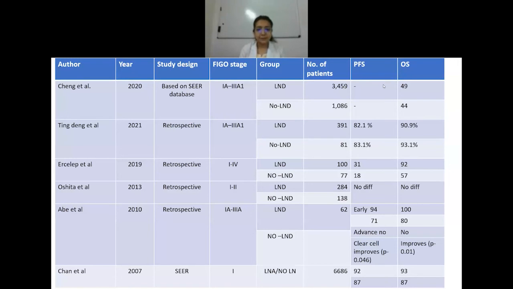Ebe et al. in 2010 did a retrospective study where they included early, advanced, and clear cell cancers. In early, they found improvement in progression-free survival and overall survival. In advanced, there was no difference. Whereas in clear cell carcinomas, they clearly say there was improvement in progression-free survival and overall survival, with p-values of 0.046 and 0.01.